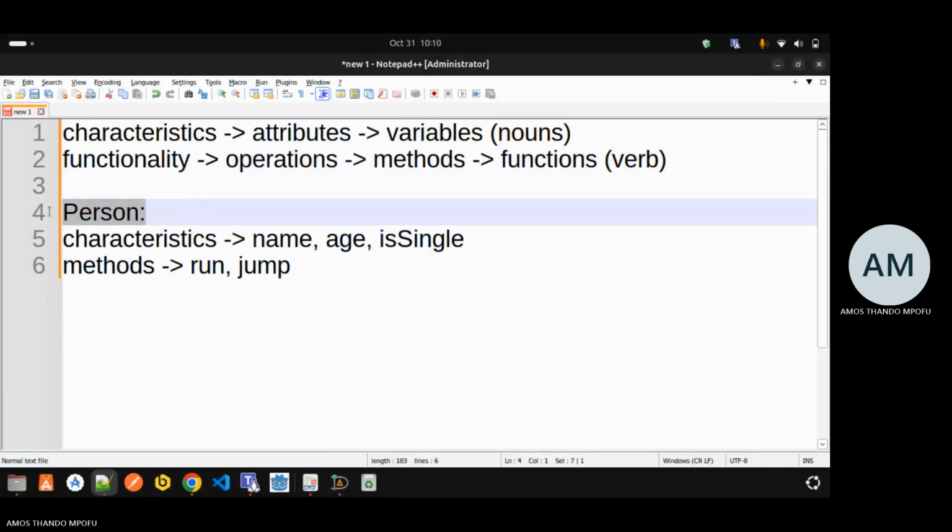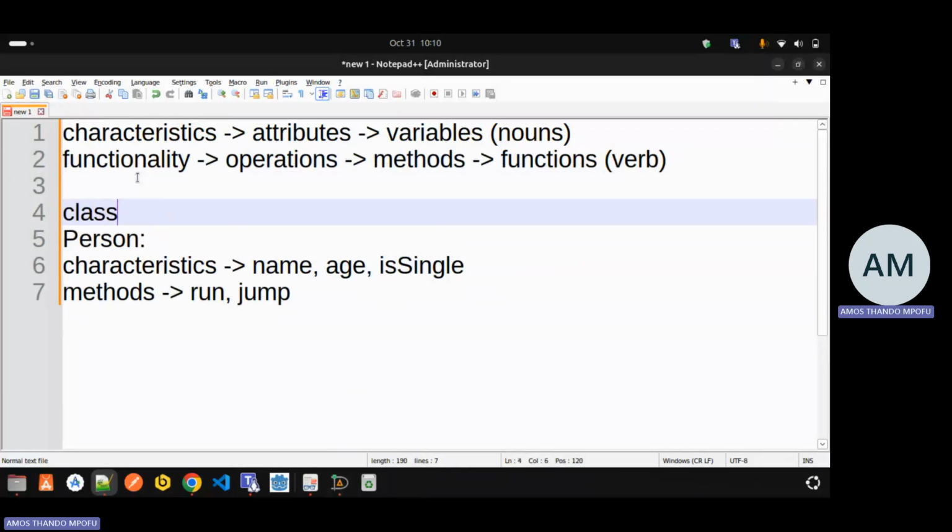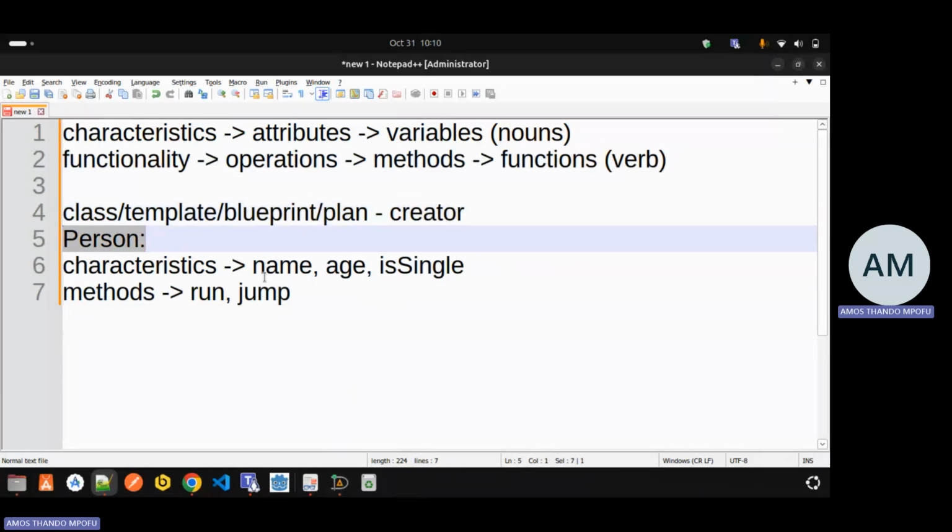So the creator is the one who has the class, which is the template or blueprint. Remember, English has synonyms, or a plan. You can just view it as a plan, right? The creator is the one who knows how this person is going to look when they are born.